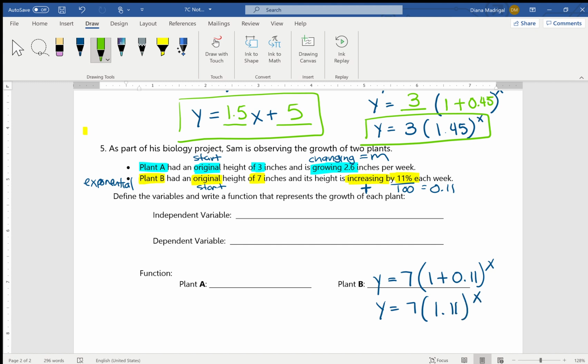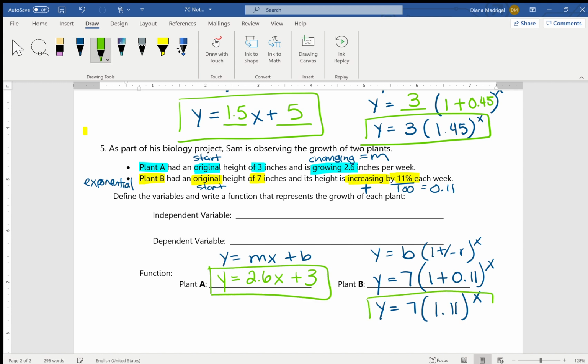Let's do plant A. Plant A starts at 3, and it's growing 2.6, so y equals 2.6x plus 3. Don't forget that the equations are different. We are using the same variables, m and b, but they are different. For this one you write mx plus b, and for this one I write b first and then the change. So that's my final answers, this right here and this right here. That's it.